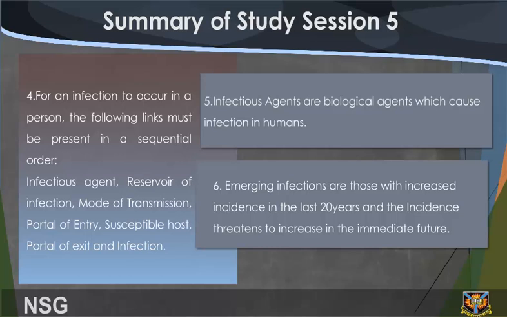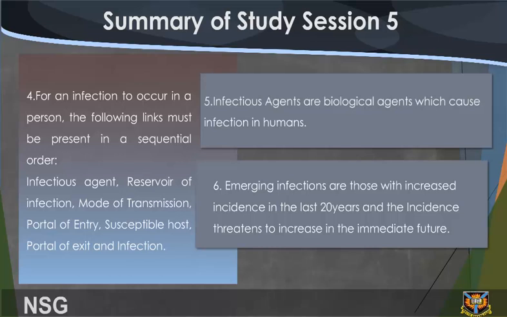4. For an infection to occur in a person, the following links must be present in sequential order: infectious agent, reservoir of infection, mode of transmission, portal of entry, susceptible host, portal of exit, and infection. 5.